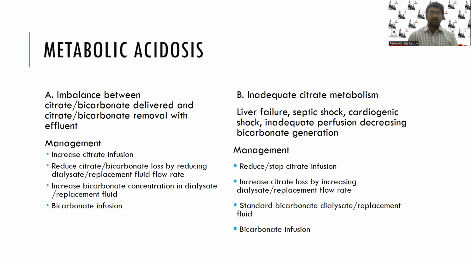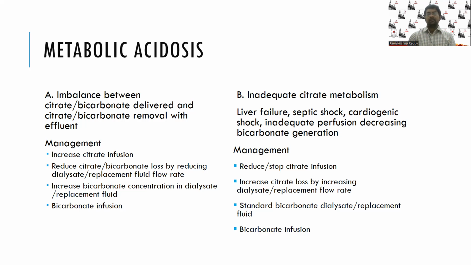The second complication is metabolic acidosis. It is due to imbalance between the citrate and bicarbonate administered and removed. In such cases, how to manage? Increase the citrate infusion, because there is acidosis, then you can correct this by increasing the citrate infusion.